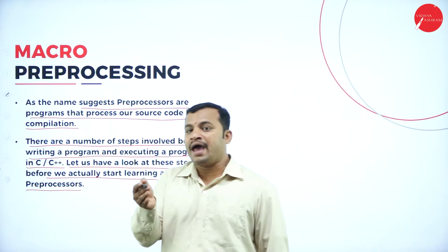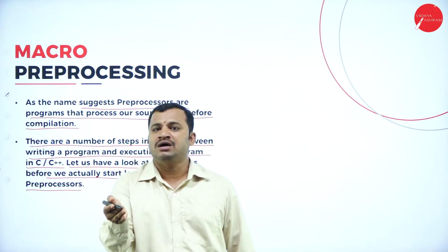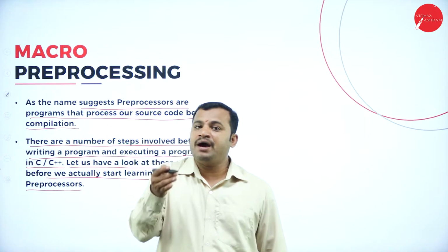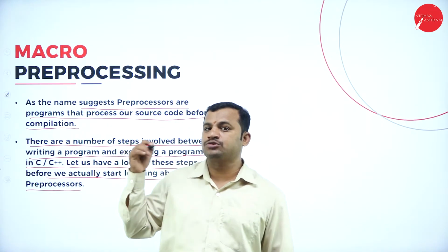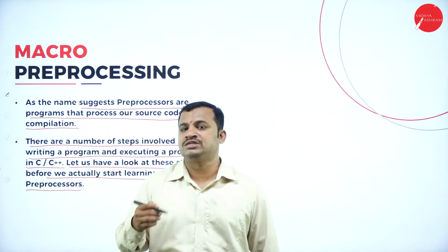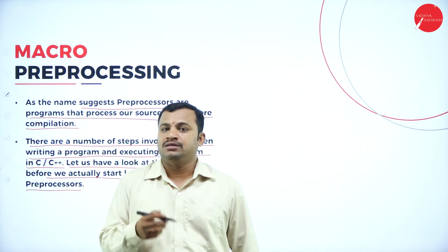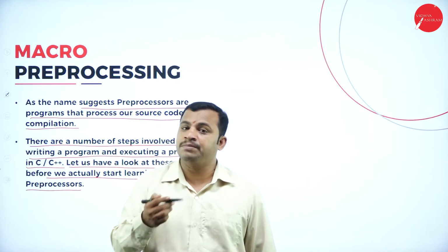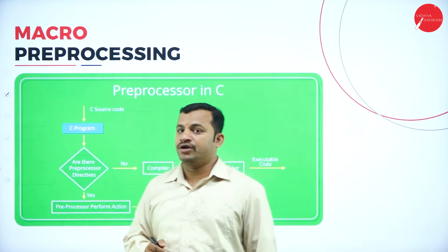The actual processing begins at the time of compilation. Before the compilation begins, these pre-processing tasks are carried out, hence it is called pre-processing. The software which does the task of pre-processing is called a preprocessor. Let us work it out.